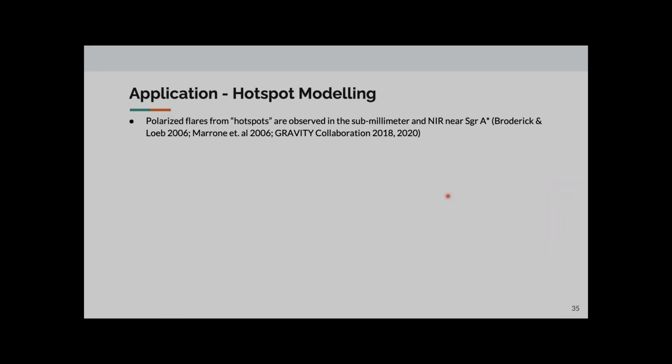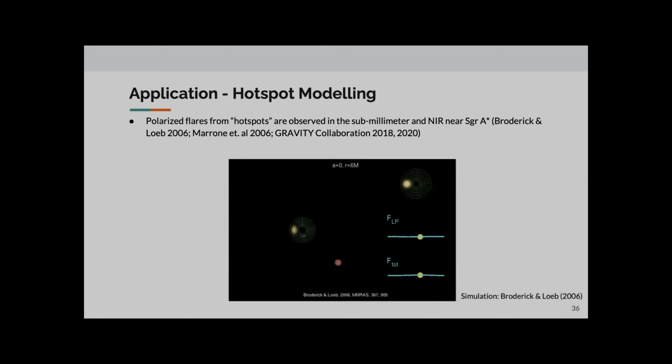So there's work on this that's been done before. And in particular, here's a nice simulation from Avery Broderick and Avi Loeb showing what we expect the light curves of these hotspots to look like.